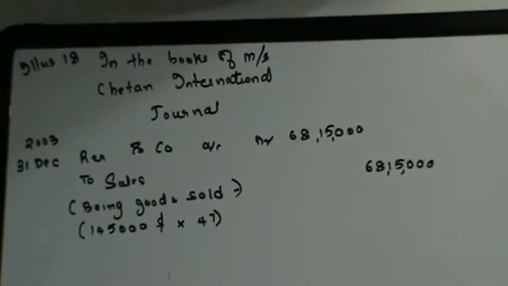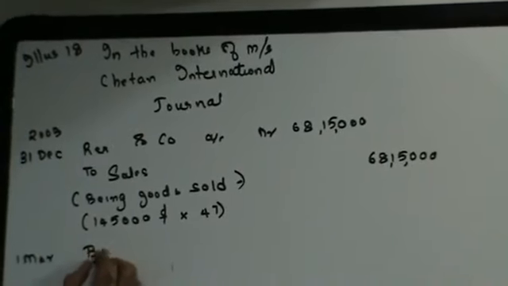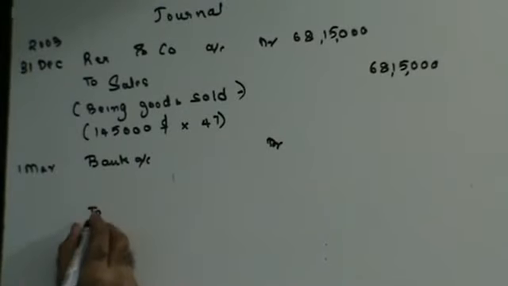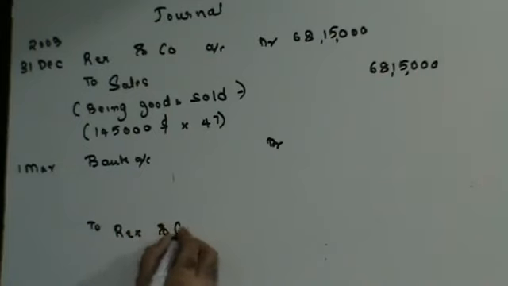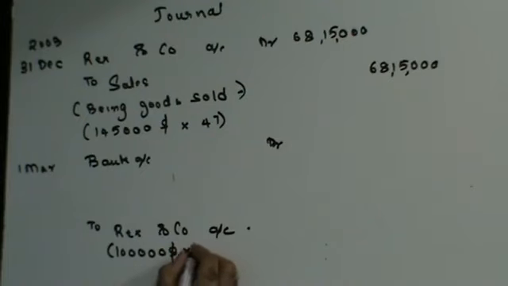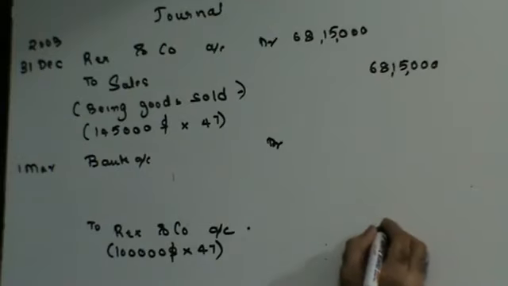Messrs. Chetan International received a remittance of $1 lakh on 1st March, the rate of exchange being so much. Money is coming in, bank account debit. Leave a line to debit the receiver, credit the giver. Rexon Company has sent you $1 lakh and you had sold to them at the rate of 47, so that is 47 lakhs.